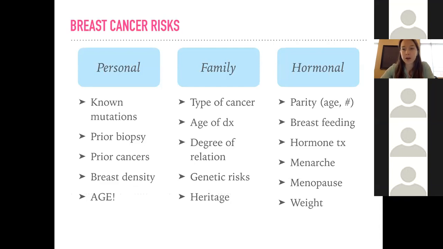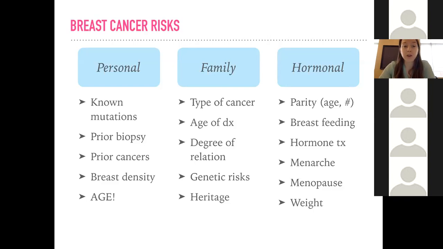Someone mentioned prior biopsy results. If patients found a lump and have gone through diagnostic imaging and then a biopsy is done and they have been found to have atypical ductal hyperplasia or LCIS, lobular carcinoma in situ, there are a number of other ones as well, but those are things that we want to know as part of their personal breast history, just because that can place them in a higher risk category at the outset.